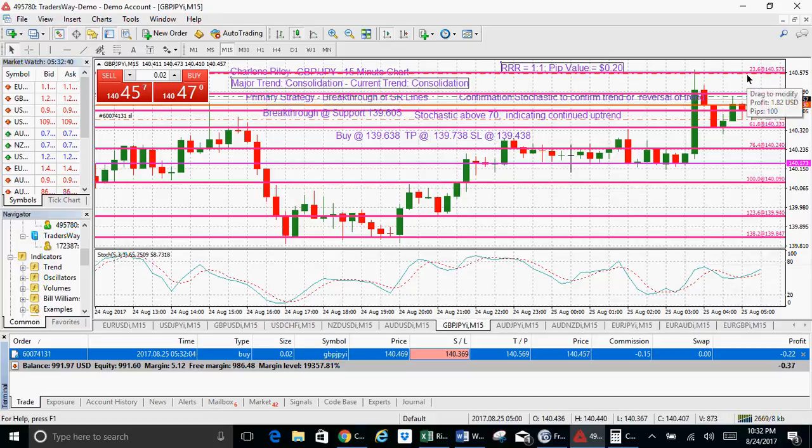And my take profit is right at the next line of resistance, and my stop loss is just above the next line of support.